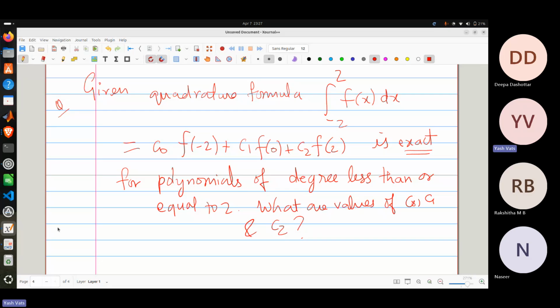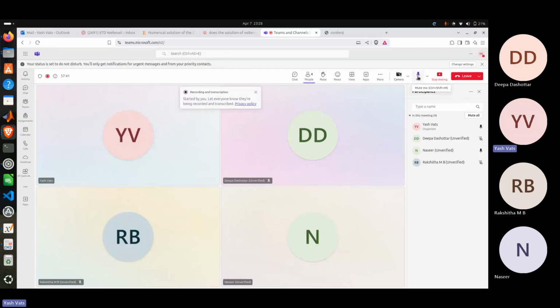But in this question that I'm giving, which is similar, you just use the step size to be 2 in this case. So just try that and find these coefficients. I want the coefficients.